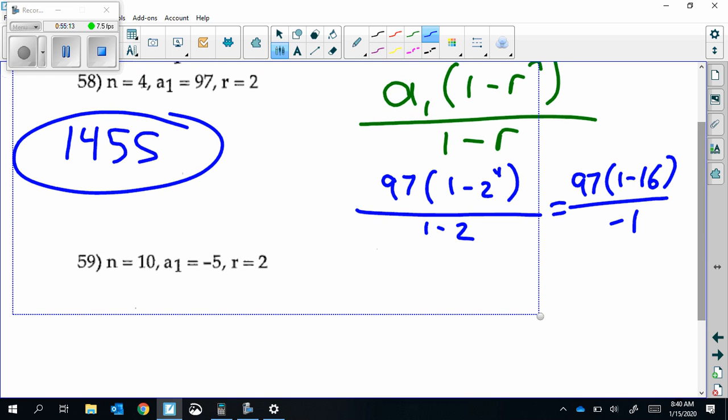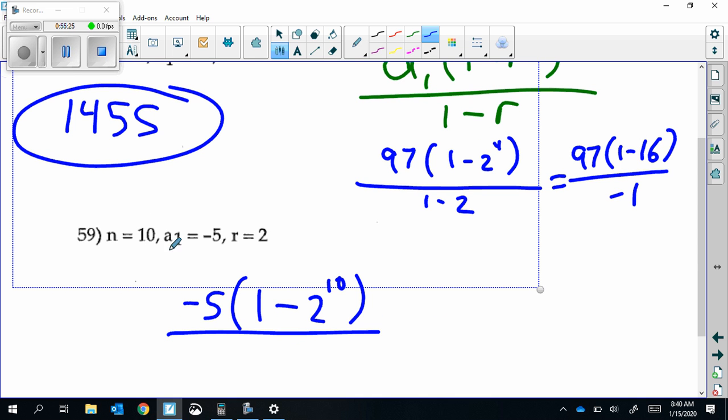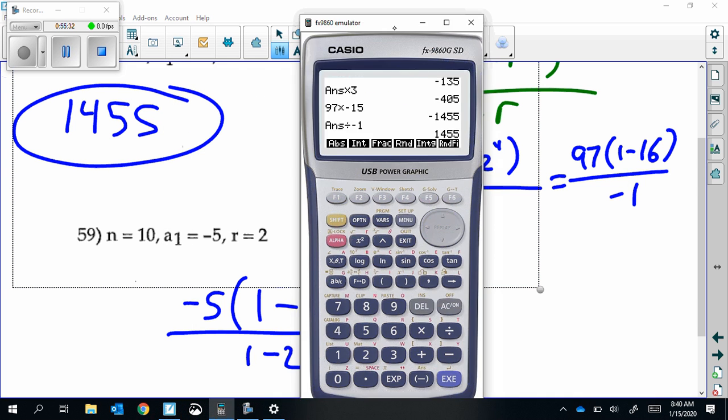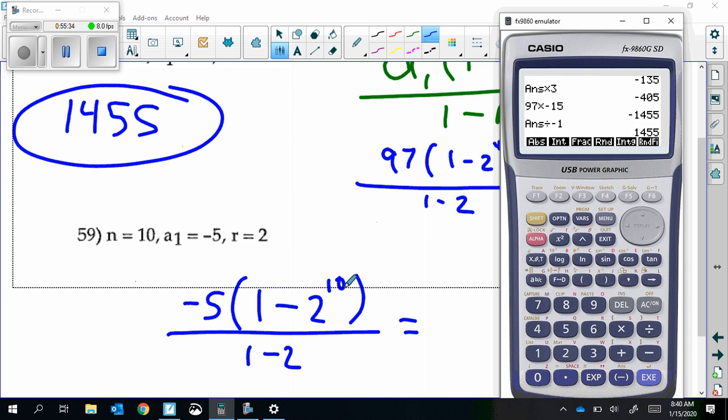Same formula. Plug in A1, that's -5. Plug in R is 2. Plug in N for the exponent. Divided by 1 minus R on the bottom. 1 minus 2. Again, we start with the exponent. 2 to the 10th.